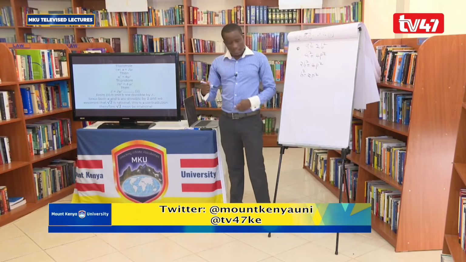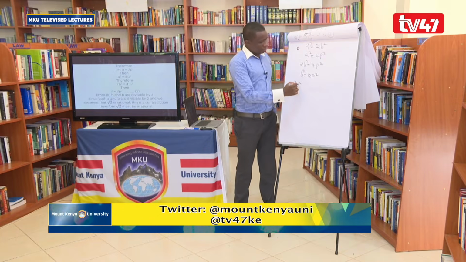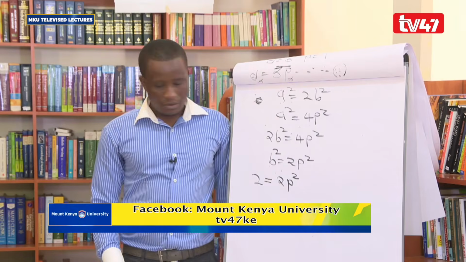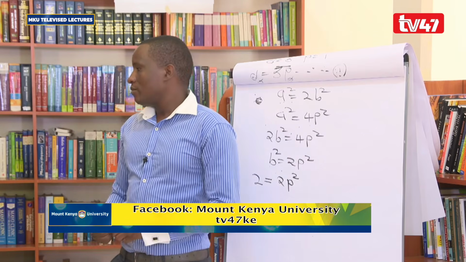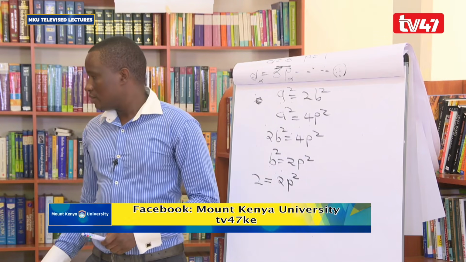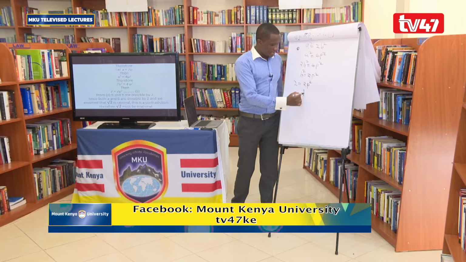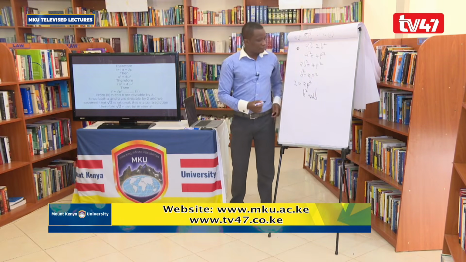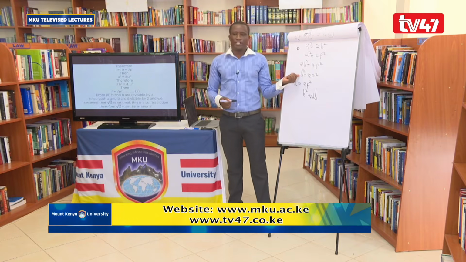Then, with the representation b squared equal to 2p squared, b squared and b have to be divisible by 2 for this property to hold.